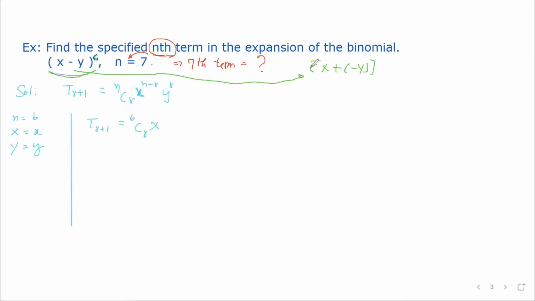And the whole thing power 6, because the formula is plus, but the question is negative, so we have to line up the plus pattern.